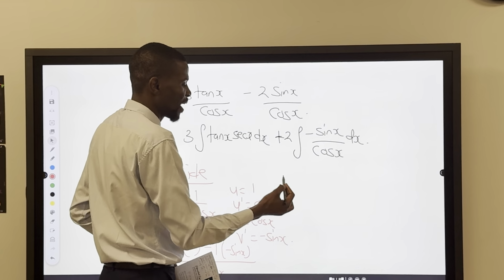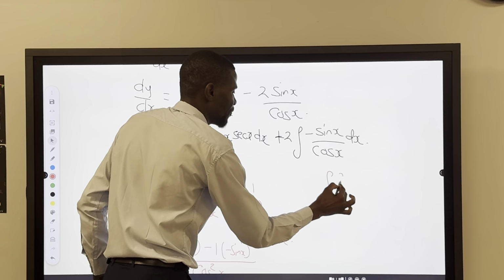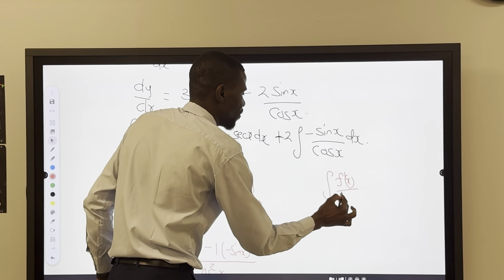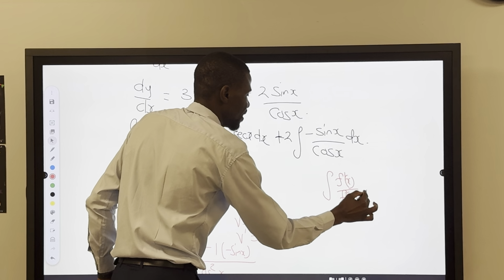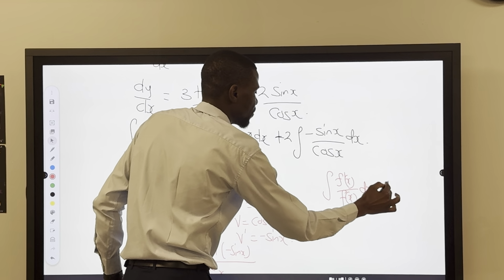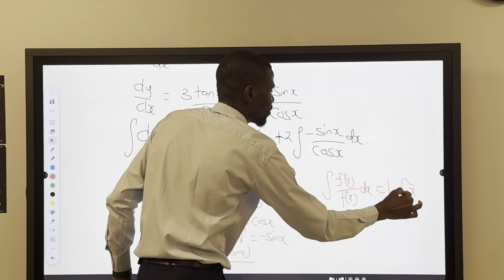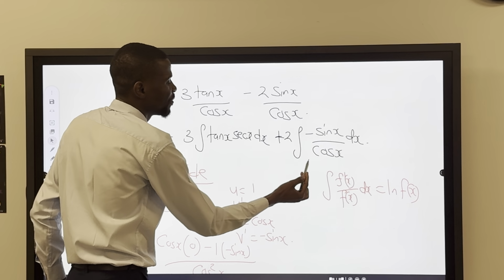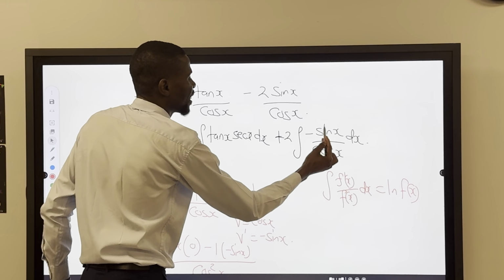So we want to use a recognition that first derivative over the function, if we integrate, we must get natural log of the function of x. So we know that when we differentiate cos, we get negative sine.